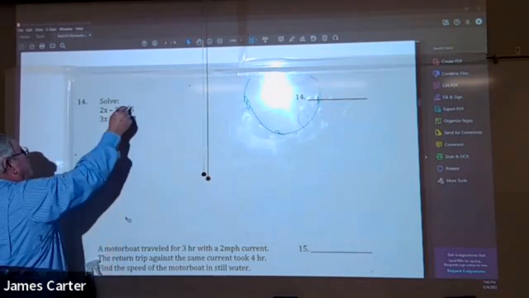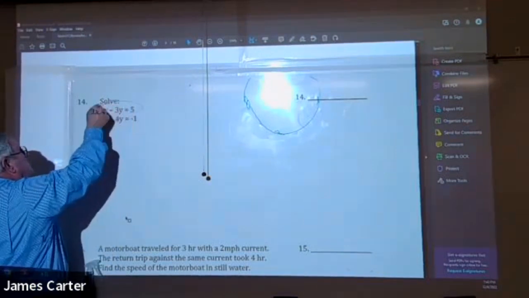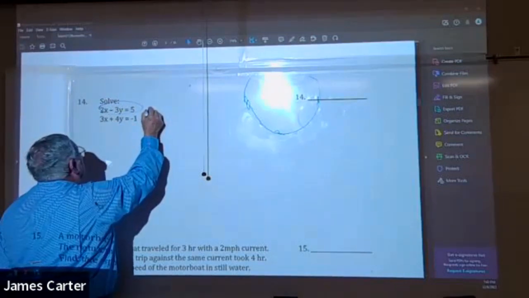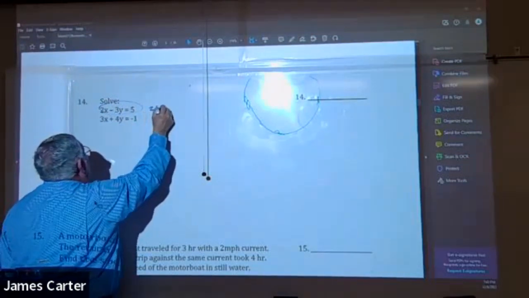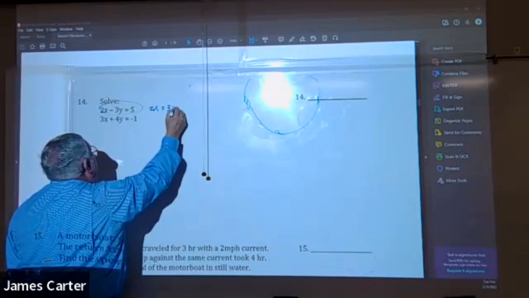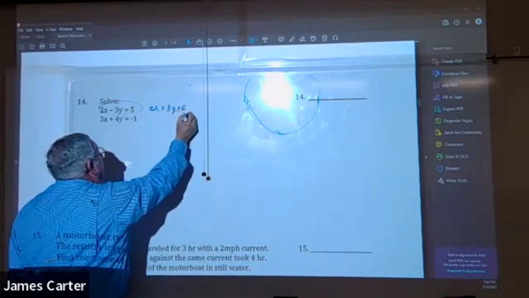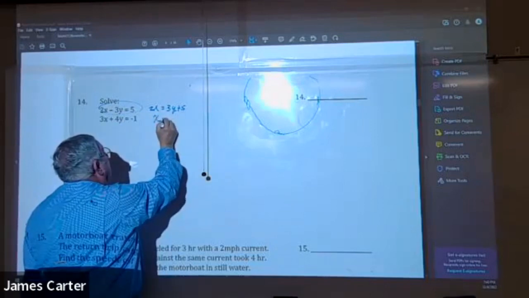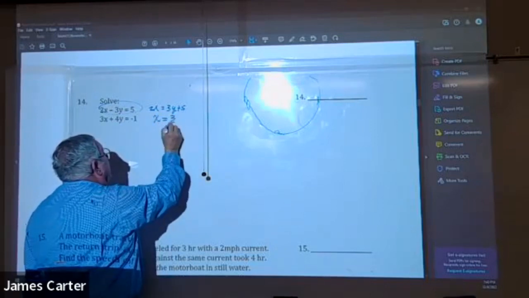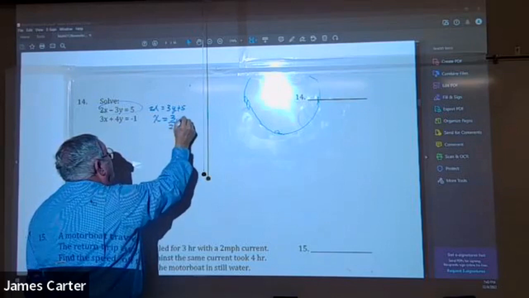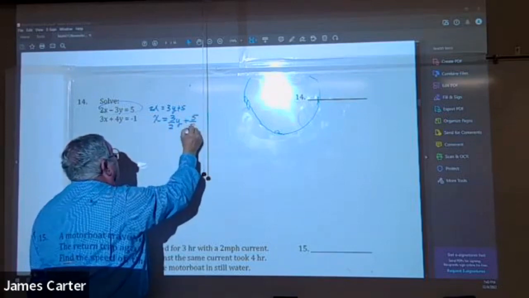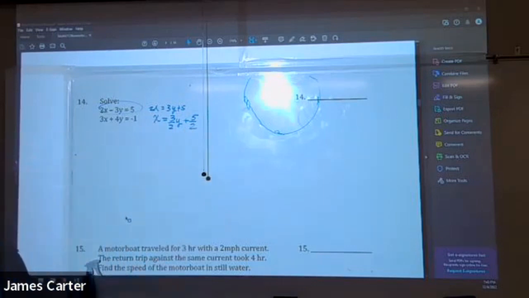I think I'll use this one as my substitution equation, and I'll change it to 2x equals 3y plus 5, and ultimately x equals 3 over 2 y plus 5 over 2.